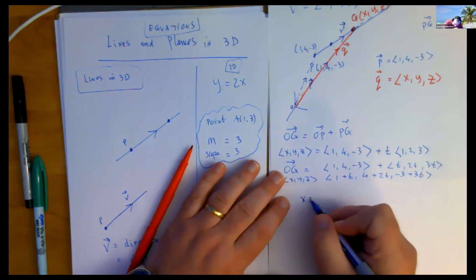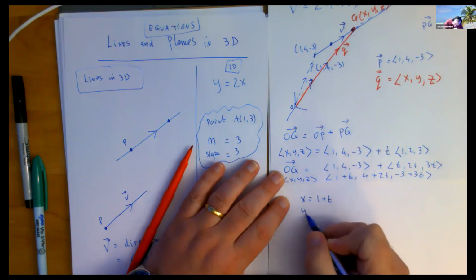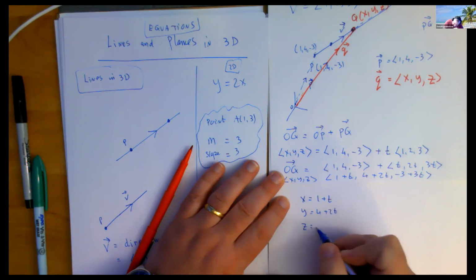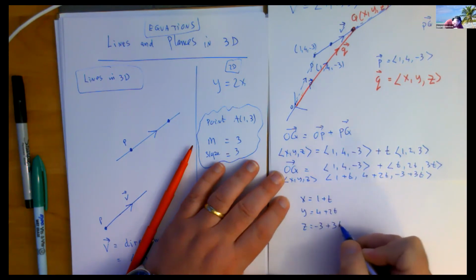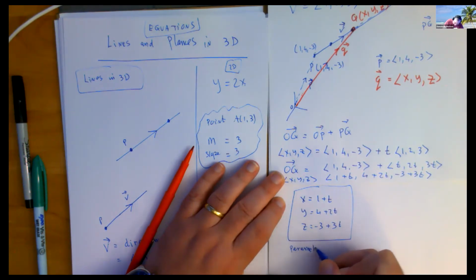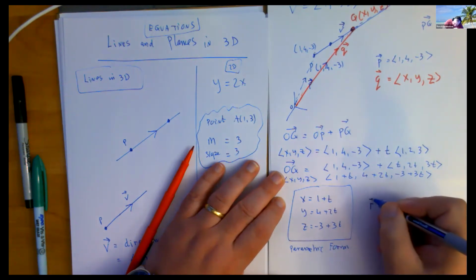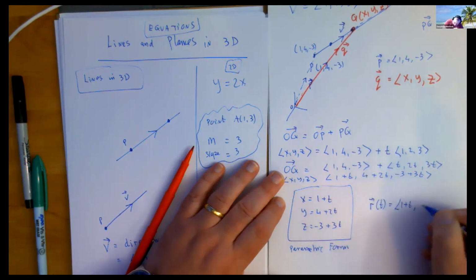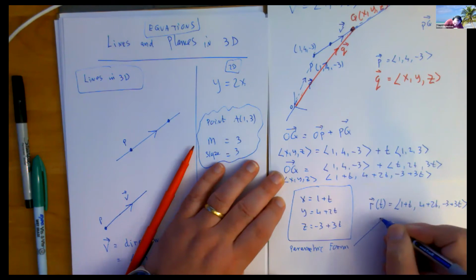You write it down like this. That's its parametric form. You will find that they very often write it down this way. It's also called its parametric form.